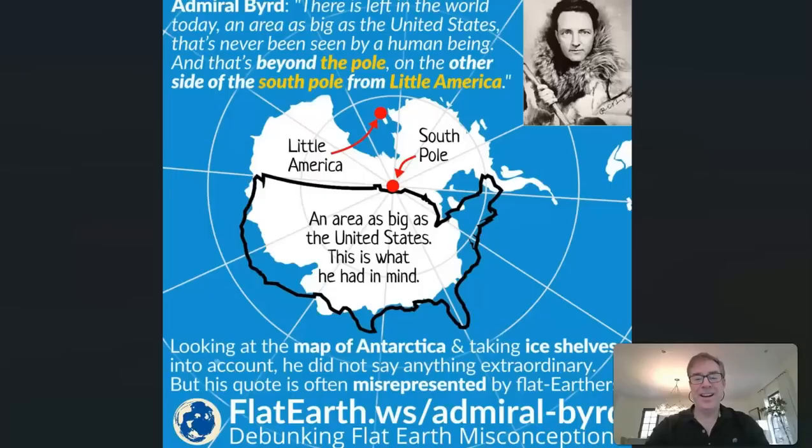And this shows a map of what, in the era of deception, they tell us Antarctica is, how big it is. And this is a debunking flat Earth slide here, but I used it simply to show this quote of Admiral Byrd.